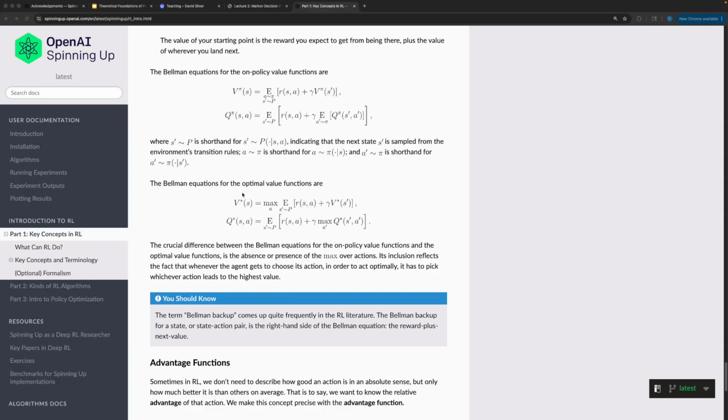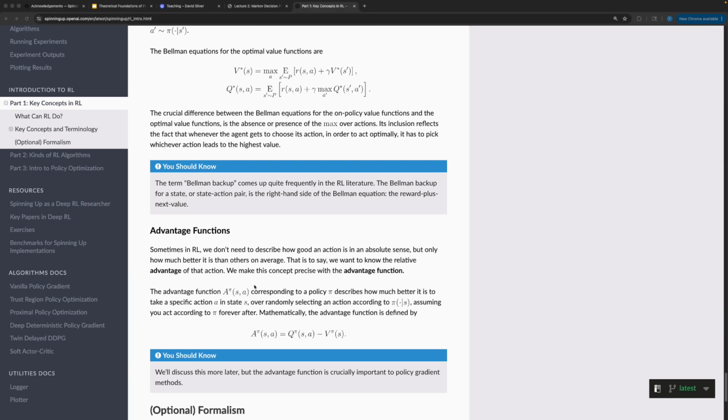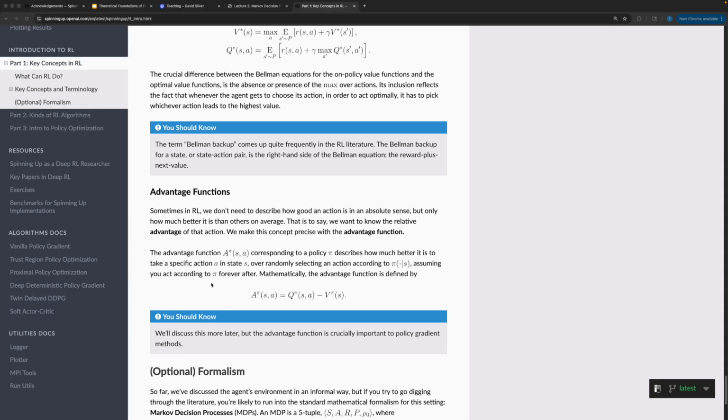One final topic is the advantage function. We'll see how it will be relevant in various algorithms that we come across. A pi sa is the difference between Q pi sa and V pi s. Q pi sa gives you the expected returns when you are at state s and have taken an action a, whereas V pi s gives you the expected returns from your state s where actions are sampled from your policy pi.